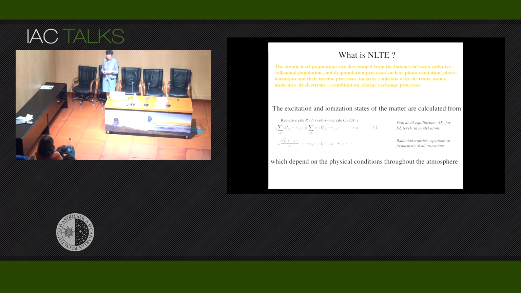Non-LTE is really a step forward by looking at all the ways you can excite your atoms. And so you take into account the radiation, and you have to determine the radiative and collisional populations, how you populate and depopulate your different energy levels. It requires models of atoms, which are sometimes available and sometimes not.